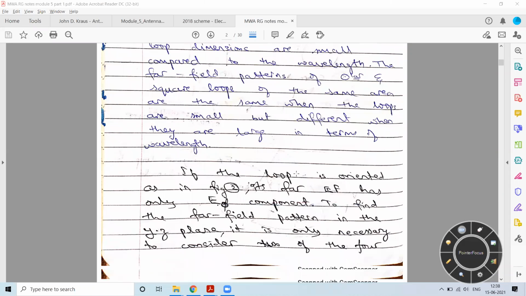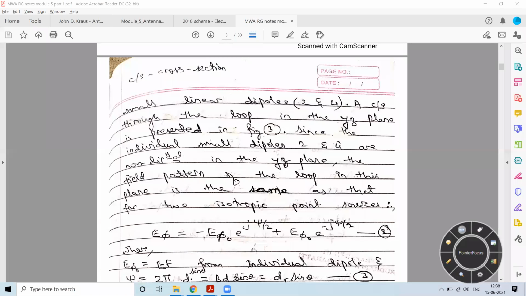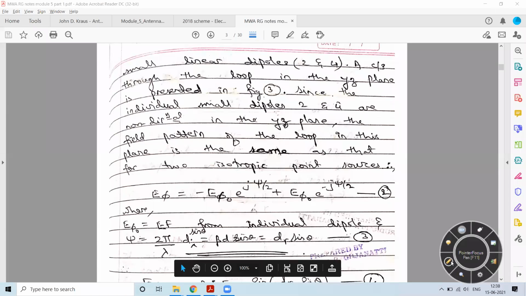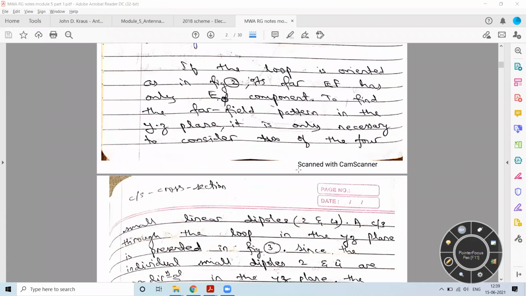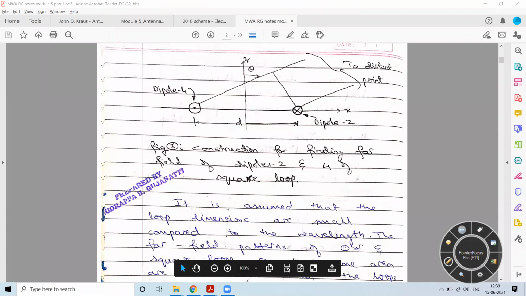Based on that, we can specify the total field E phi. The total field E phi will be the vector addition of the field due to one of the dipoles, say dipole 2, and the field due to the other dipole, dipole 4. One field is associated with this and another field is associated with this.